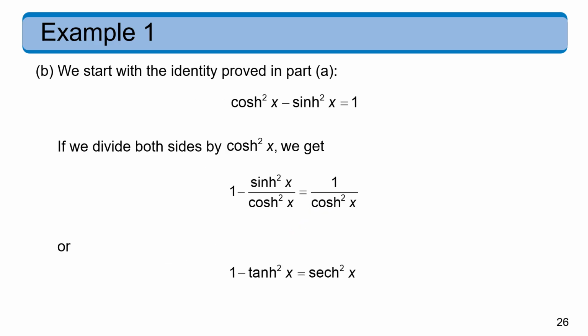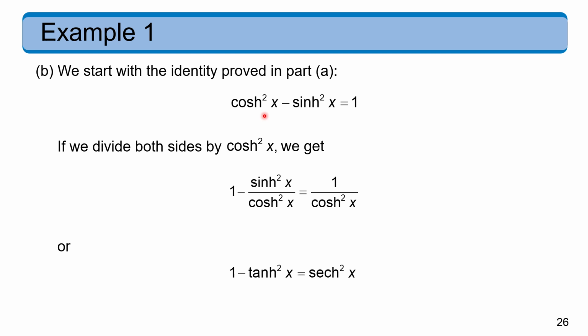In part B, this was the identity we were asked to prove. So we're going to get there in a different way this time. We're going to actually start with the identity we proved in part A. We now have established this is true. And we're going to next divide both sides by hyperbolic cosine squared.